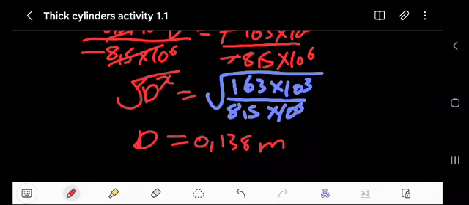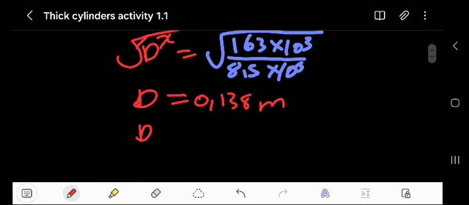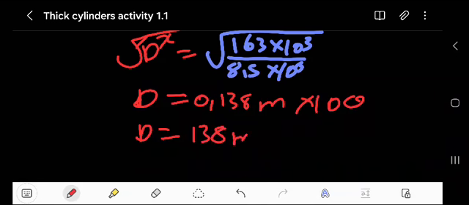This is meters. Then if we want it in millimeters, multiply by 1000, it will be 138 millimeters.